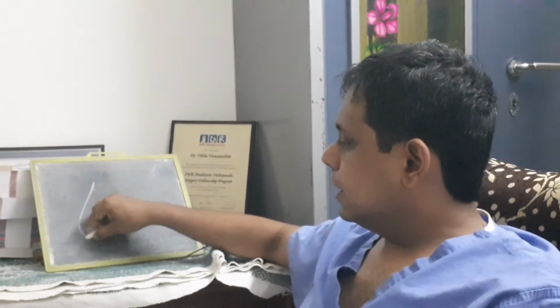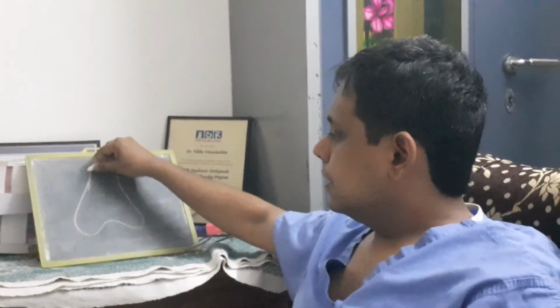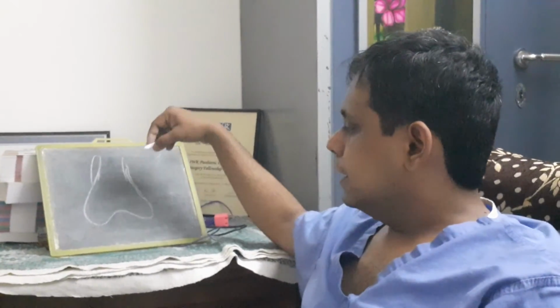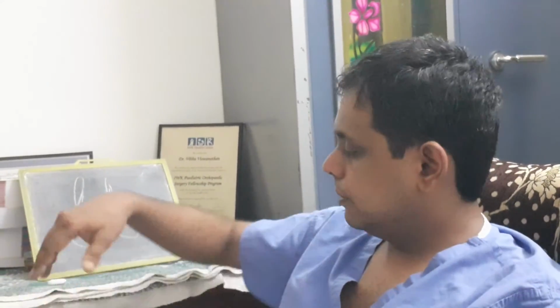Okay, but the most important thing with Ewing's is that it's a very typical kind of growth. Like in osteosarcoma, it is very aggressive, so it just kind of grows and grows and grows. Whereas Ewing sarcoma grows in cycles. So there is a period of fast growth, and then there is a small pause, fast growth, small pause, fast growth, small pause.